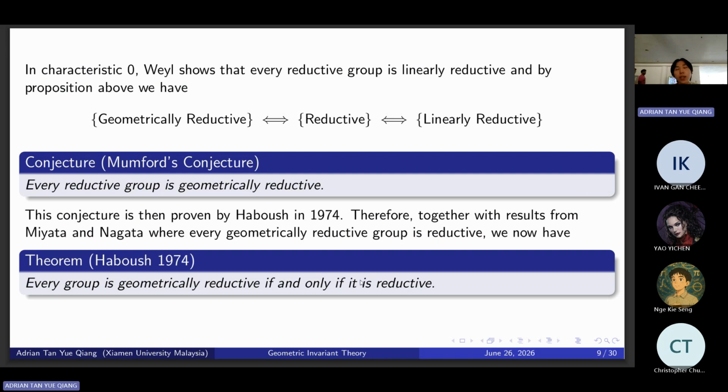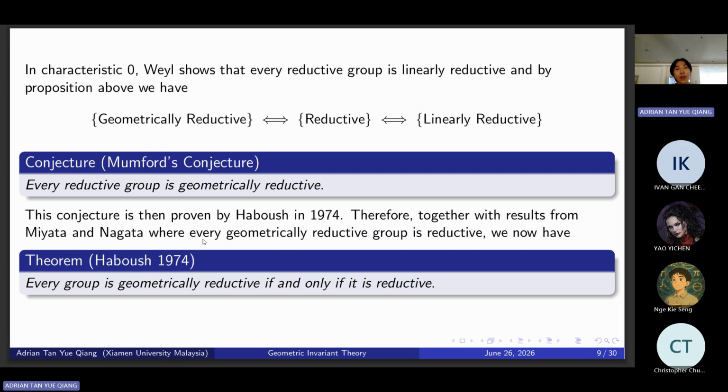But when we are in characteristic p, not 0 anymore, this might not work. When Mumford was writing his book, he restricted himself to characteristic 0, but he believed that everything still works even if it's not 0. Therefore, he conjectured that every reductive group is geometrically reductive. This conjecture was then proven by Haboush. It is also written in the David Mumford book, where he cited him.